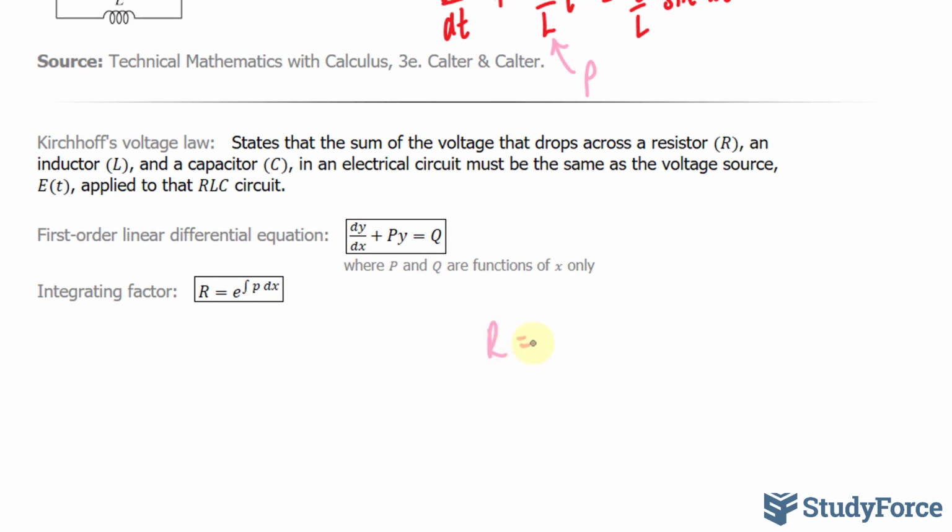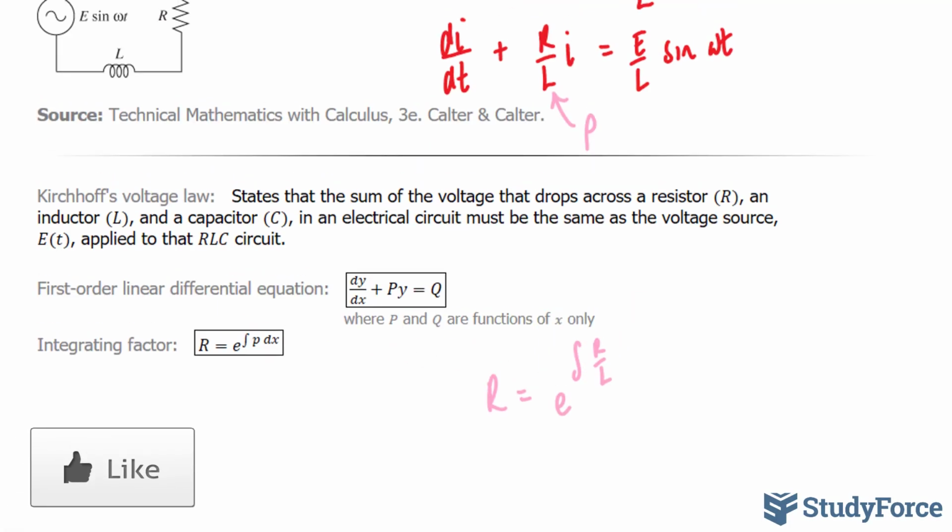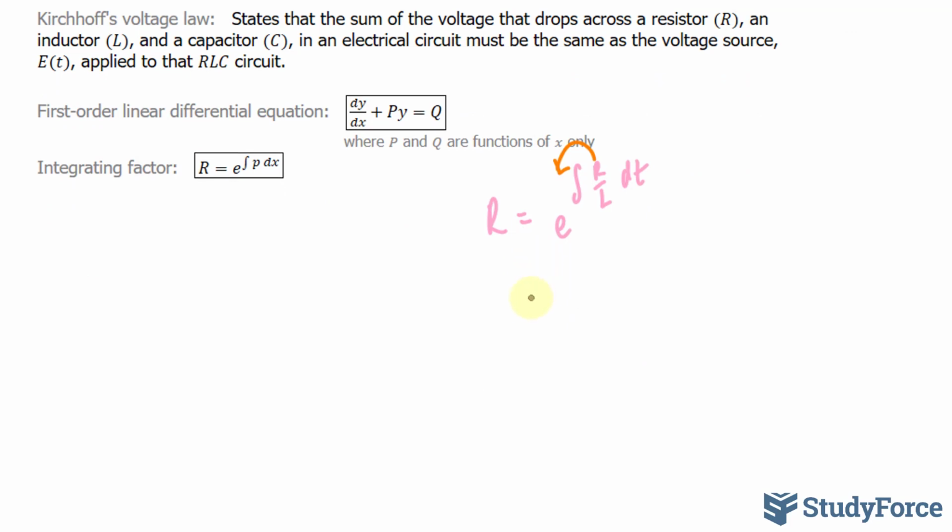We have R is equal to e to the power of the integral of P, which in our case is R over L. Over here we have dx, but our equation is in terms of t, so we have dt instead. Both R and L are constants, so you can pull that out. And if you pull that out, you're taking the integral of dt, which is simply t. So we have e to the power of R over L t, and this is our integrating factor.